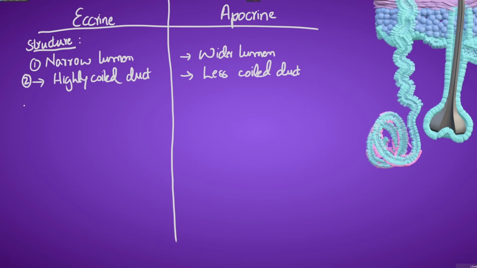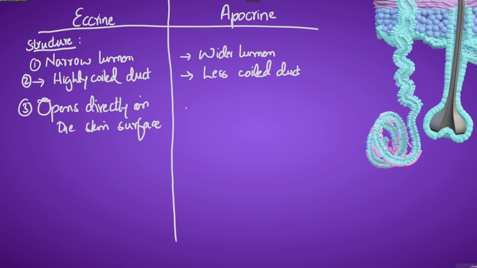And then this one, it typically opens directly outward on the skin surface. And the apocrine gland, it does not open typically.